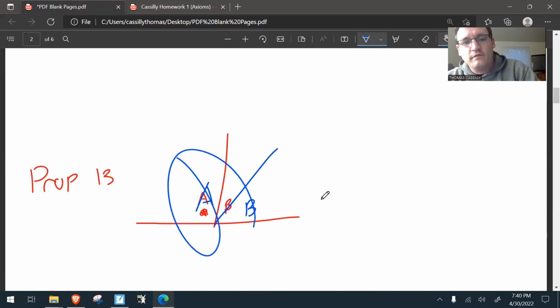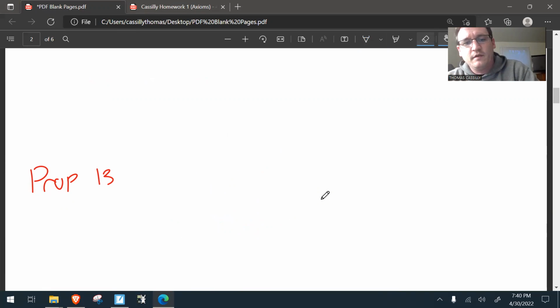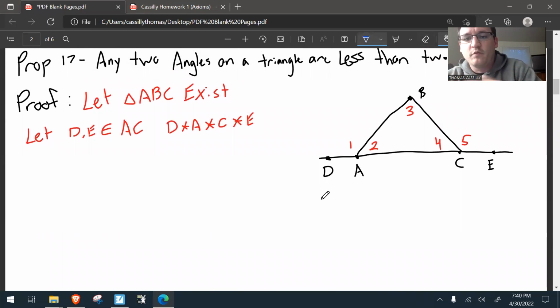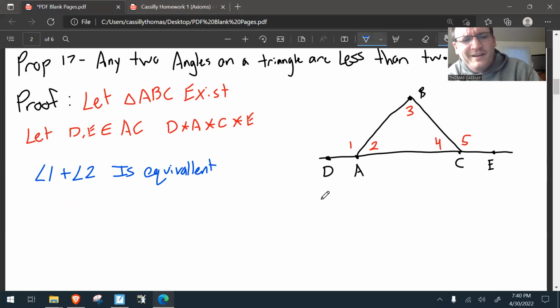To start things off, and this is where my shorthand comes in, we know angle 1 plus angle 2 is equivalent to two right angles.